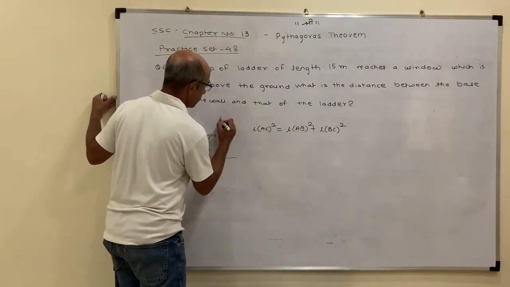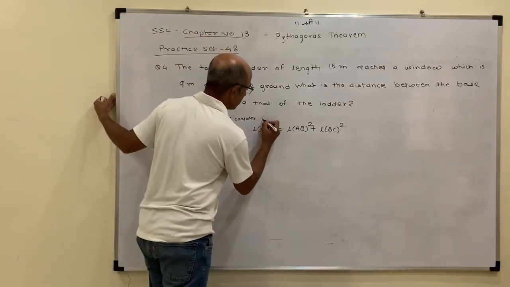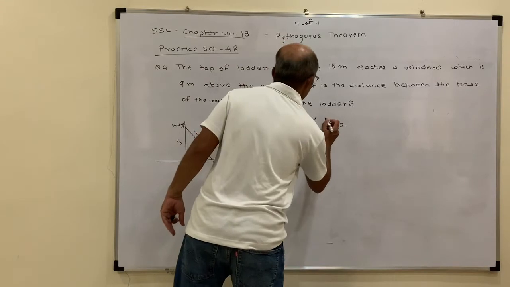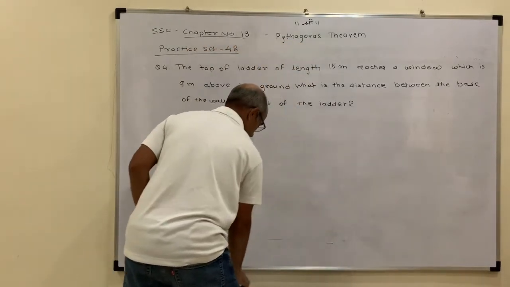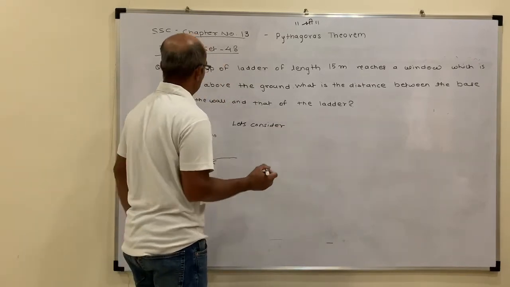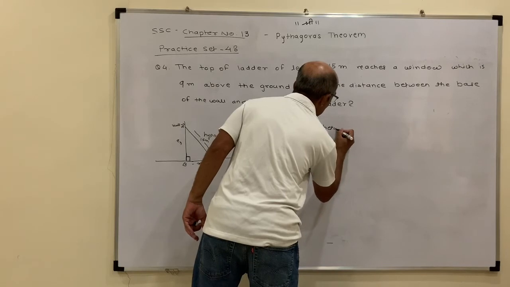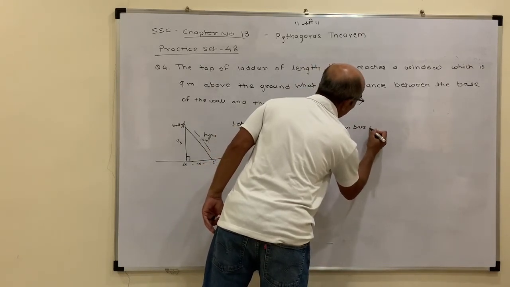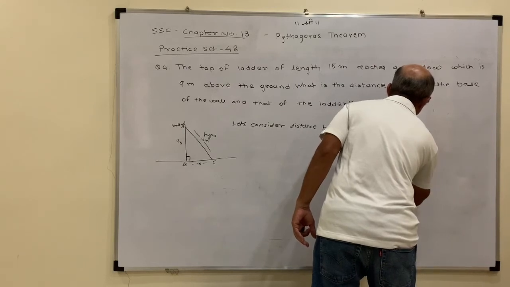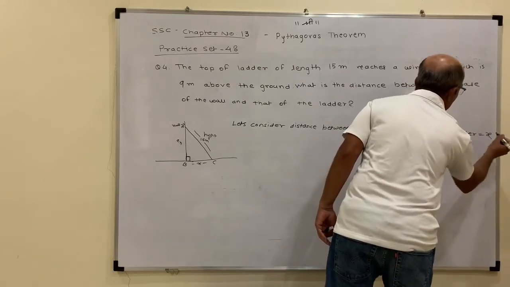Let's consider the distance between the base of the wall and that of the ladder equals to x.